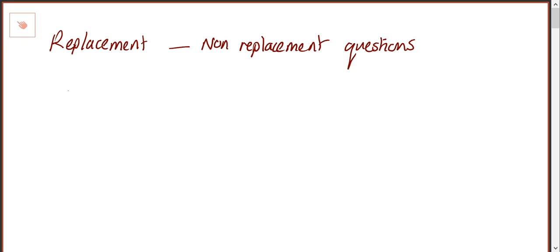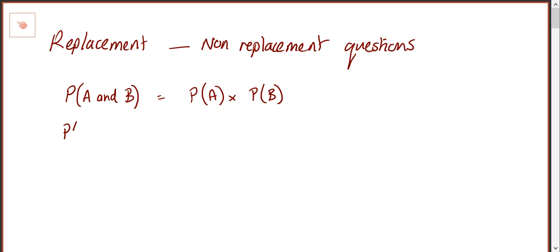So you already know that the probability of A and B happening is found by doing probability of A times the probability of B. And you know that the probability of A or B happening is A plus B. There are other things to consider, but that's what we're looking at.